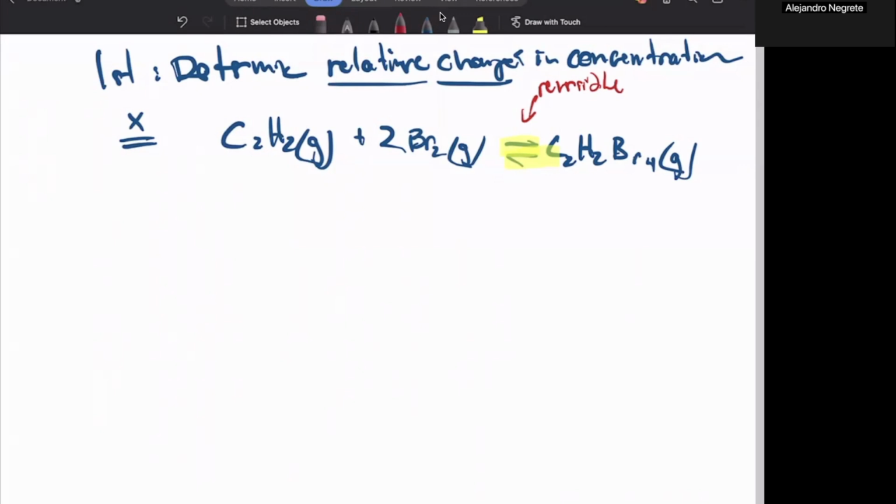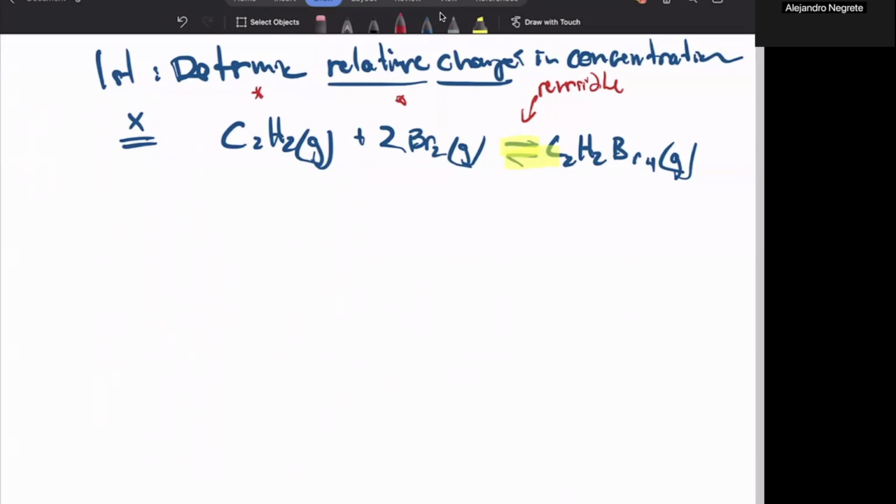But here, let's say I have an initial concentration of this reactant and an initial concentration of this reactant.